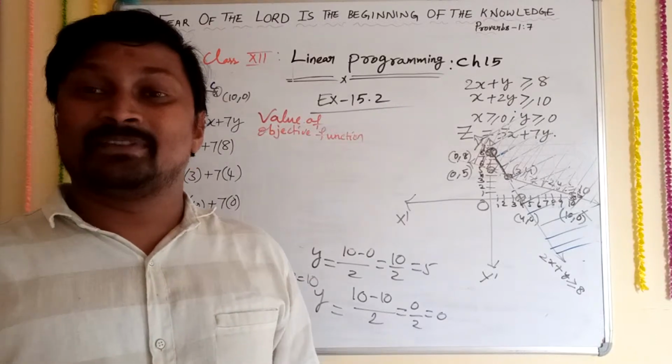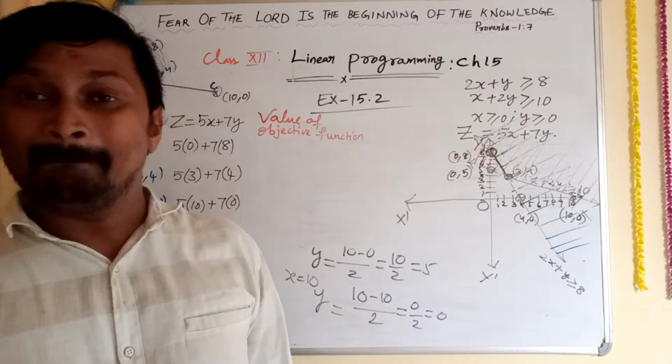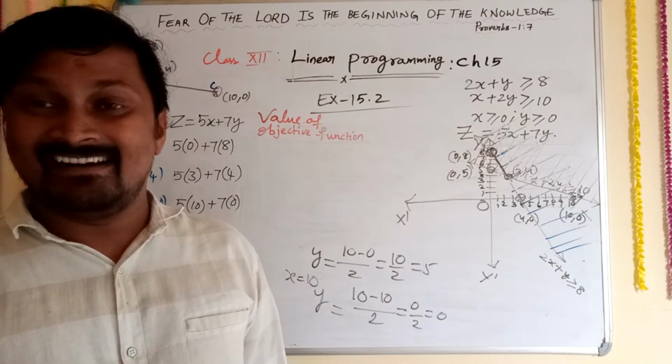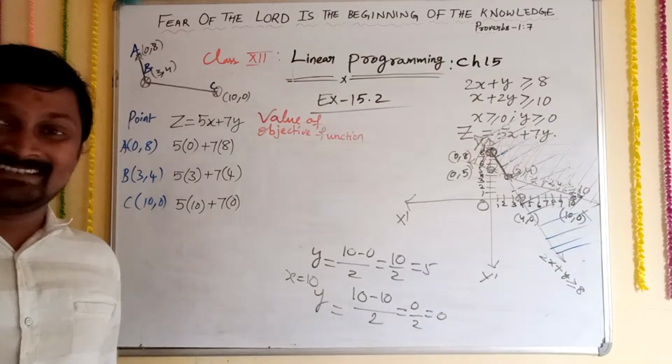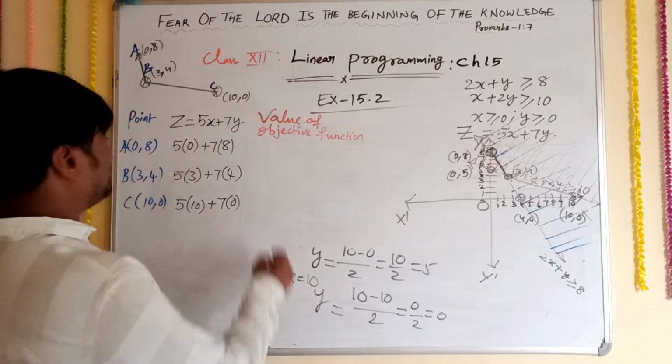No one is answering for that. 7 eights are how much? 56. Is it correct? Right.